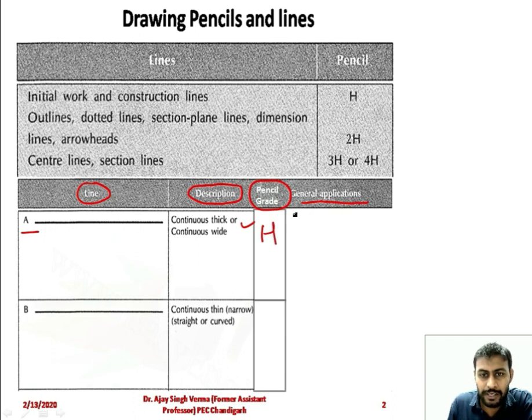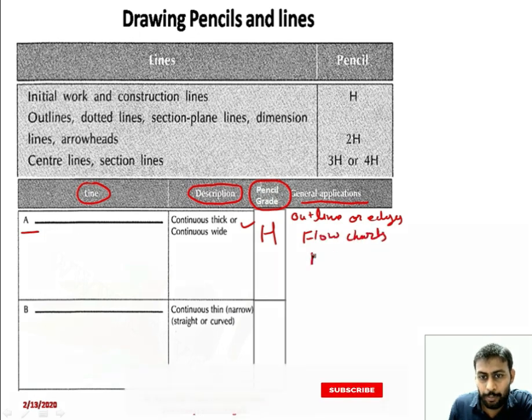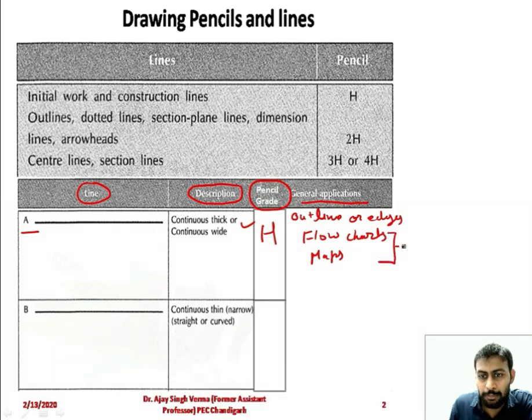What is the application? The outlines of an object, or edges that are visible, are represented with the type A line and the H pencil. Besides this, flow charts and maps are also drawn with this type A line.